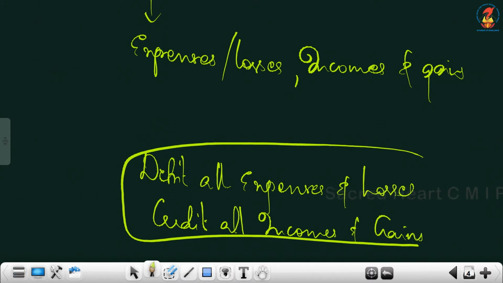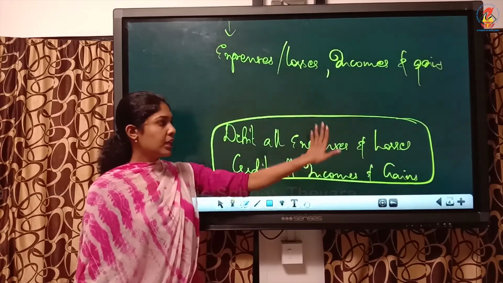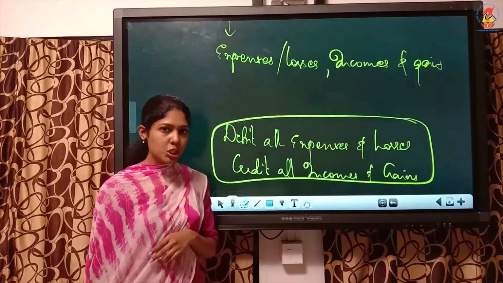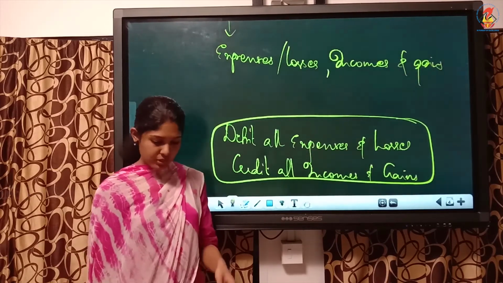Clear? So that you can write within a box. Debit all expenses and losses, credit all incomes and gains. That is the rule of nominal account. So this is the traditional classification or traditional approach of accounts.